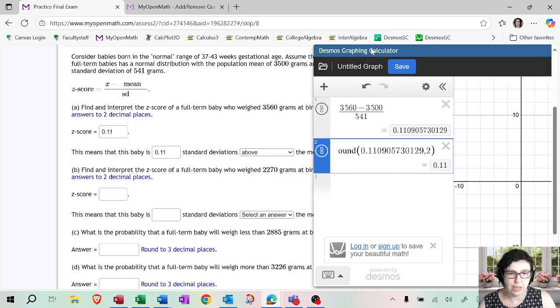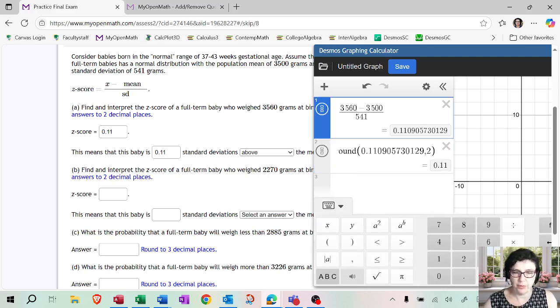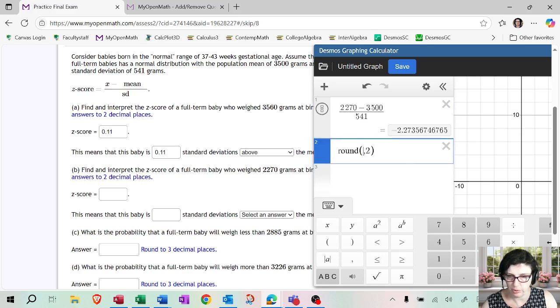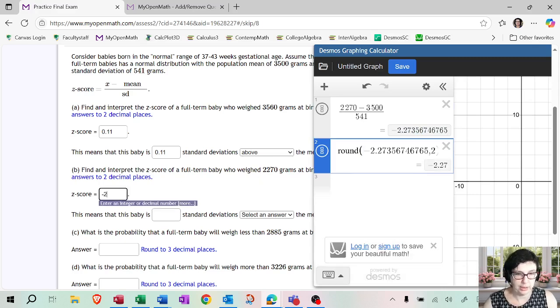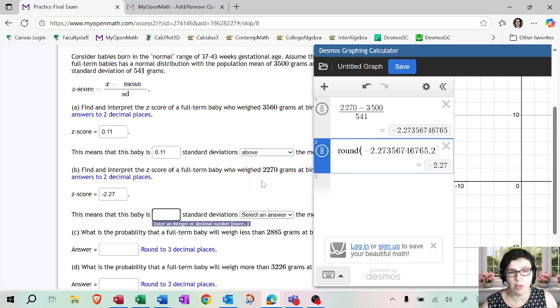Now let's redo the same thing for a baby who weighed 2,270 grams. All I have to do is change this number to 2,270, and of course I would need to round again. So that is now negative. This is now negative 2.27. What that means is that this baby is below the mean.